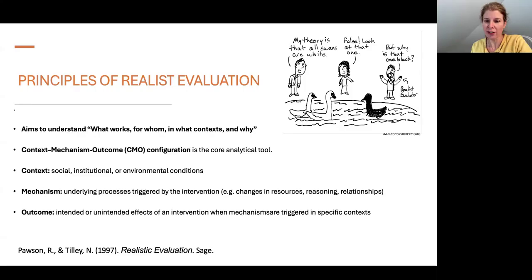And these are usually changes in resources, for example, funding, changes in reasoning, how people think about a particular issue, and changes in relationships, for example, in our case, bringing actors from different sectors together. And the outcome is the intended or perhaps unintended effects of an intervention when these mechanisms are triggered in specific contexts.